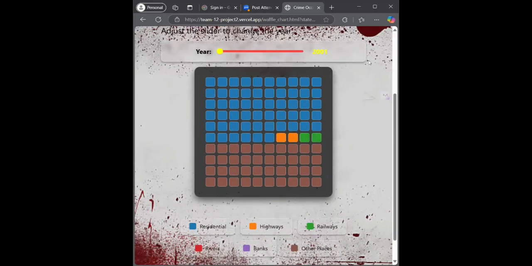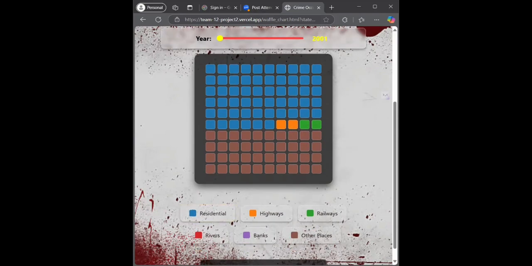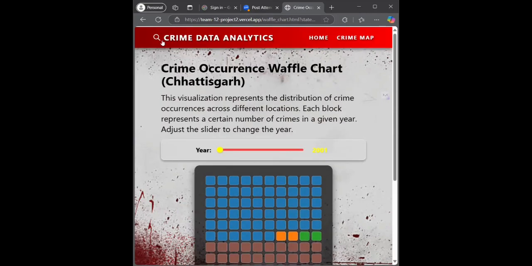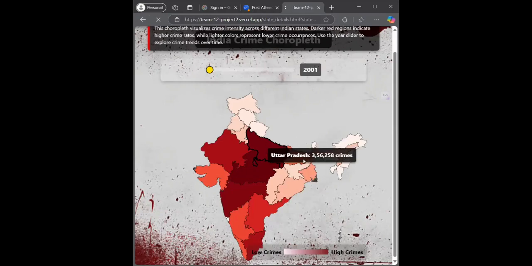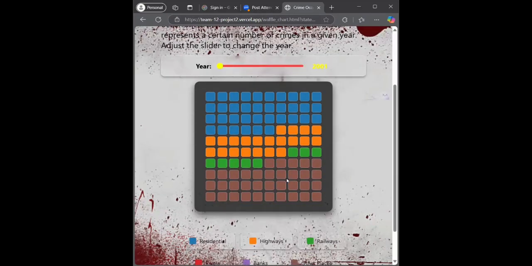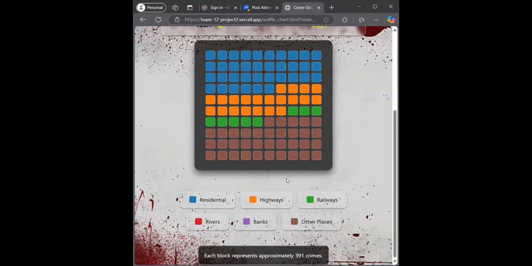Moreover, on hovering over a particular block in the waffle chart, we get the exact number of crimes that occurred in that region. Here, the number of crimes occurring in residential places is 4849, and in other places is 3509. If we go across different states, such as Uttar Pradesh, we get to see the difference in the regions.